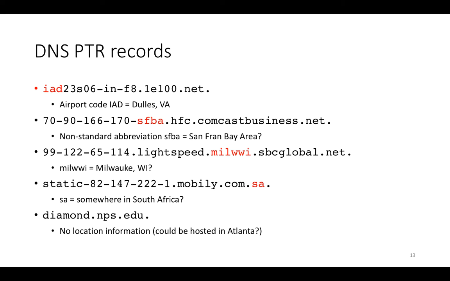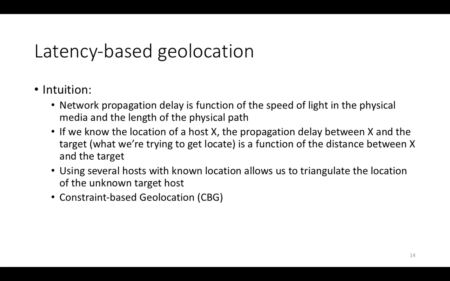It could be the NPS web server, and we're simply using a shared hosting company. So, given all of these problems with databases that contain IP geolocation information, we're left in a world where none of these databases give us any kind of conclusive data on where the host actually is.